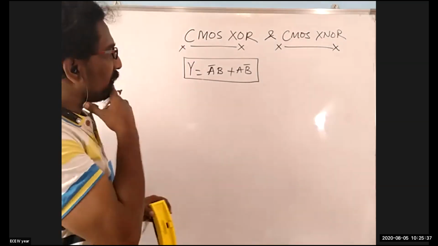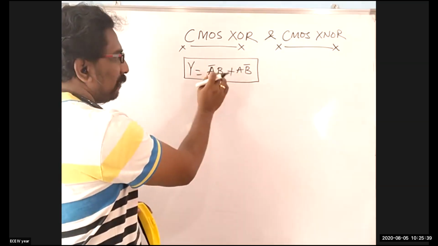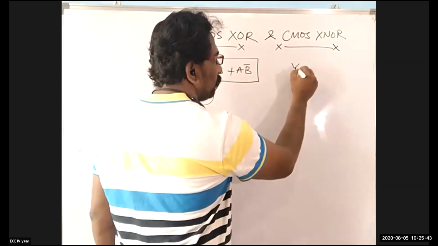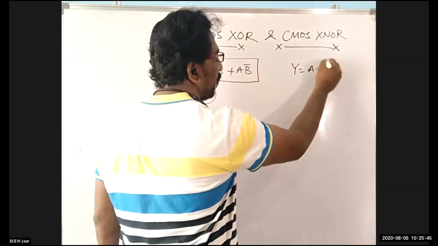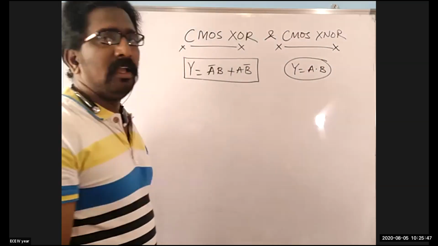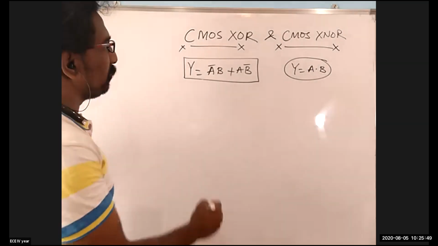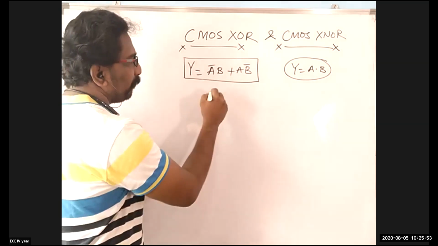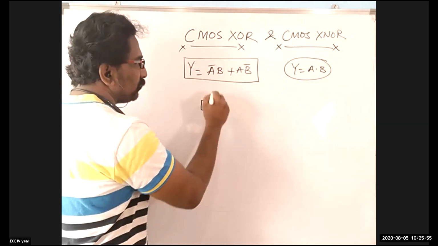So first let me draw the diagram for A dot B, y equal to A dot B. We drew it in the previous class. If y equal to A dot B, your structure looks like this.